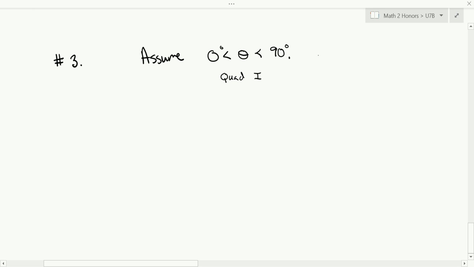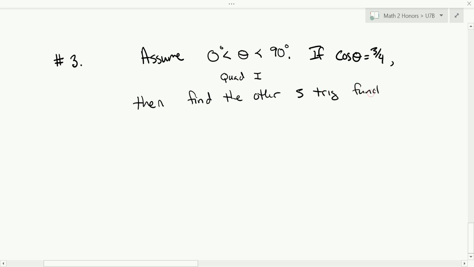And let's see here. So if the cosine of theta is equal to 3/4, then what are the other 5 functions going to be? All right, so cosine is 3/4.